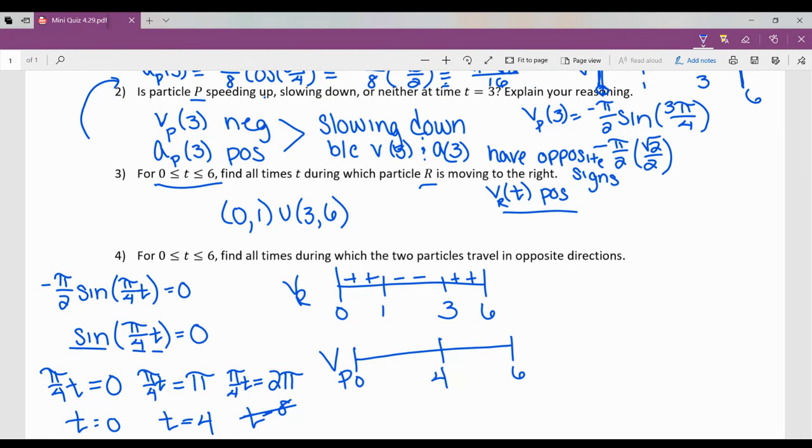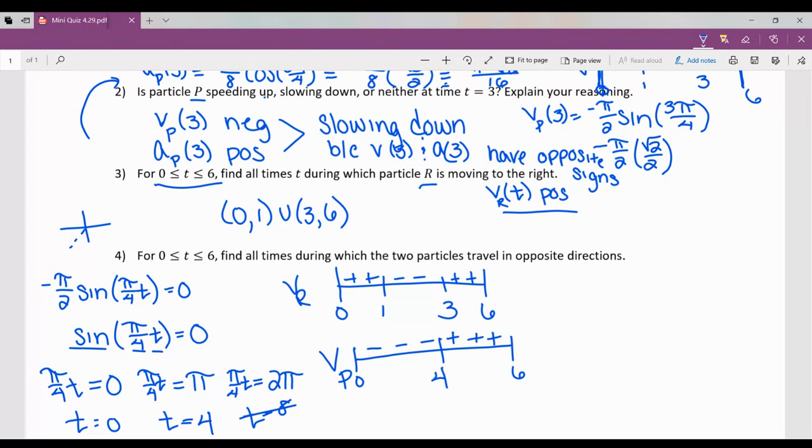So if I plug 1 in, the y value at pi over 4 is positive times a negative. That's going to be a negative. Between 4 and 6, let's pick 5. 5 pi over 4 is in that quadrant. So that's going to be a negative y value. Negative times a negative is going to be a positive.